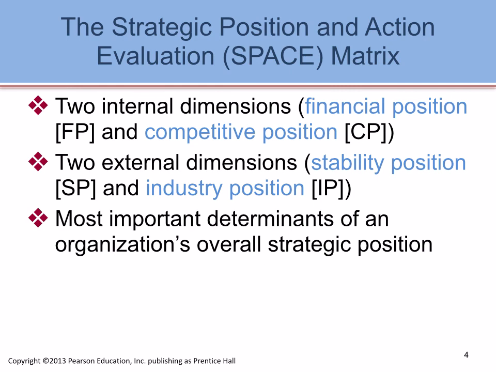Don't forget, the two internal dimensions are always financial and competitive, whereas the two external dimensions are always stability and industry position. But again, I'm reminding you, it is very important that FP is always Y positive. SP is always Y negative. IP is always X positive. CP is always X negative.